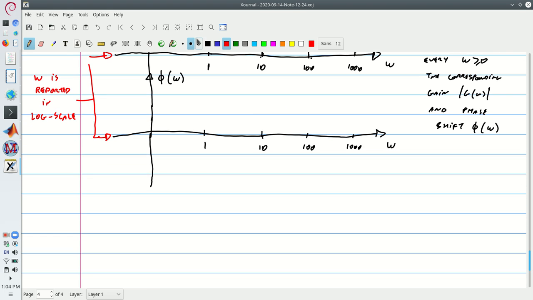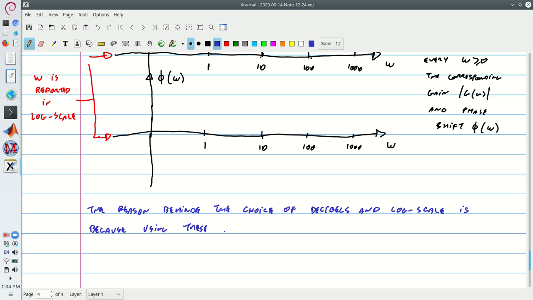So the reason behind the choice of decibels and logarithmic scales is that using these scales it is easier to draw the Bode plot without using any numerical tool.